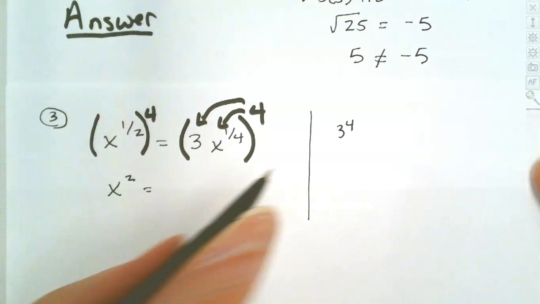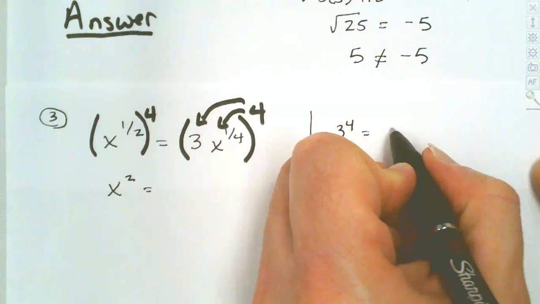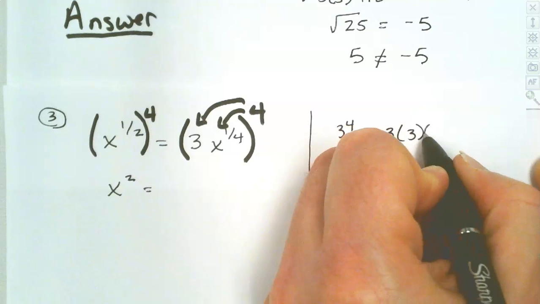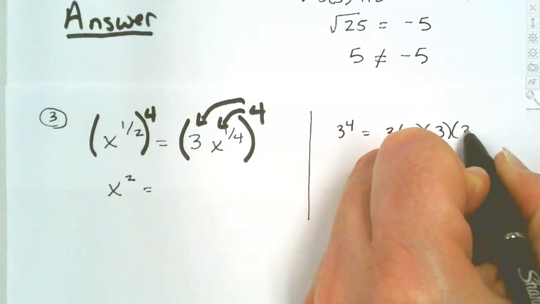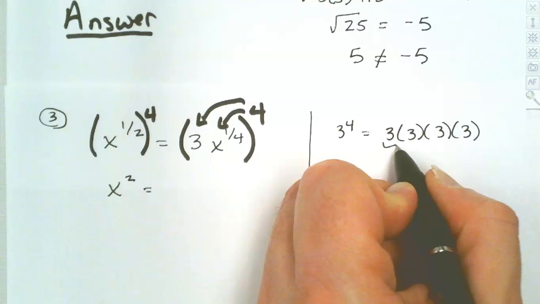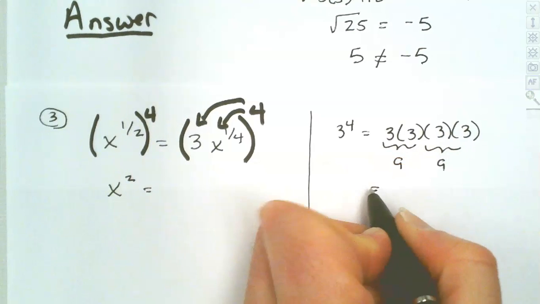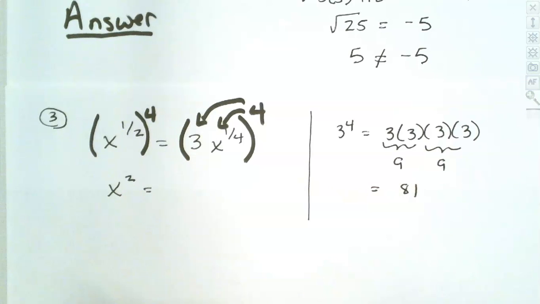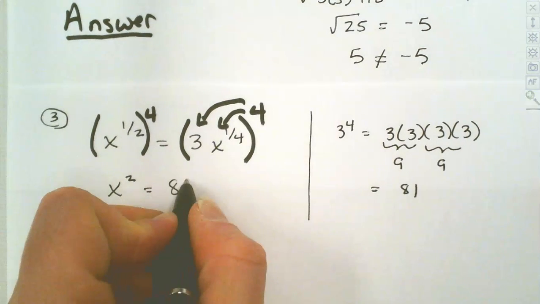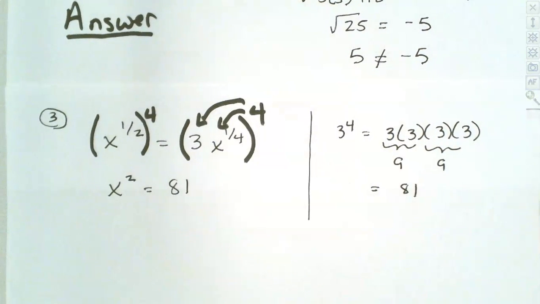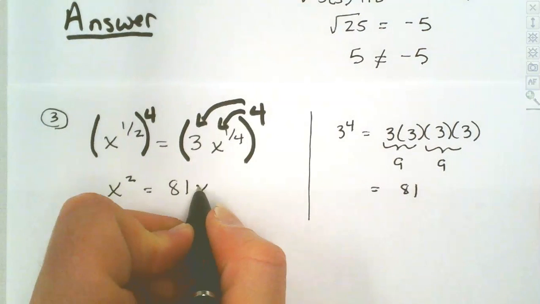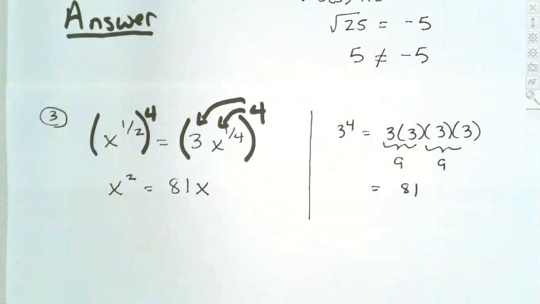And remember, 3 to the 4th power is 3 times 3 times 3 times 3, which is 9 and 9, which then makes that 81. So that piece came out to give you 81. The 4 and the 4 cancel, so that leaves you with an 81x.